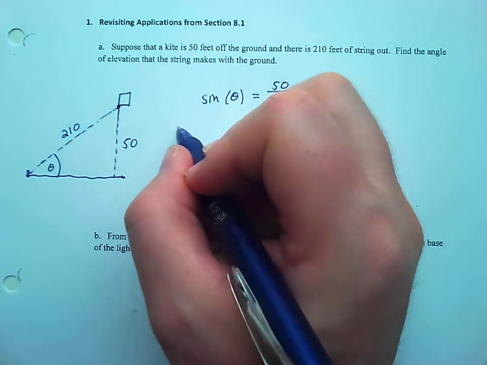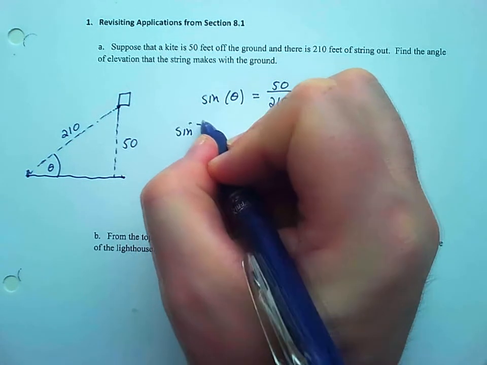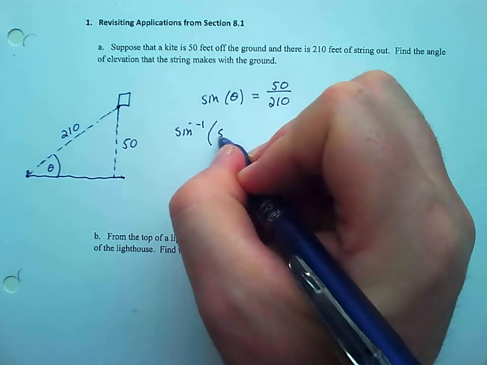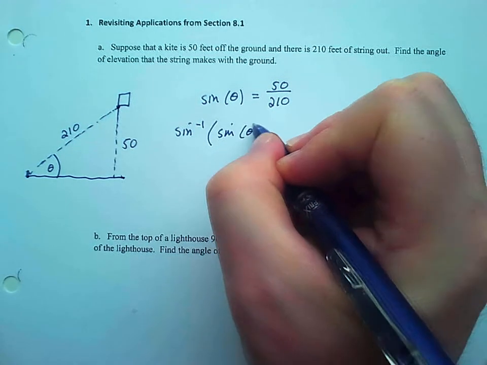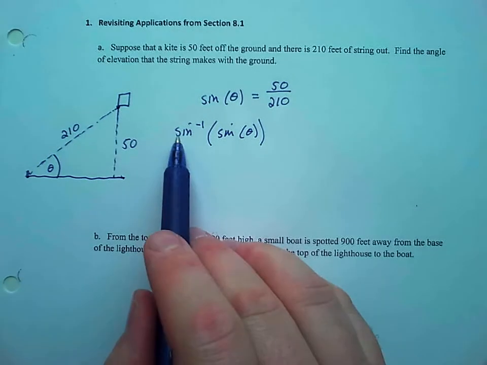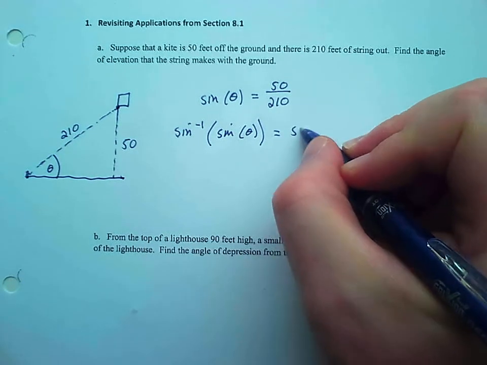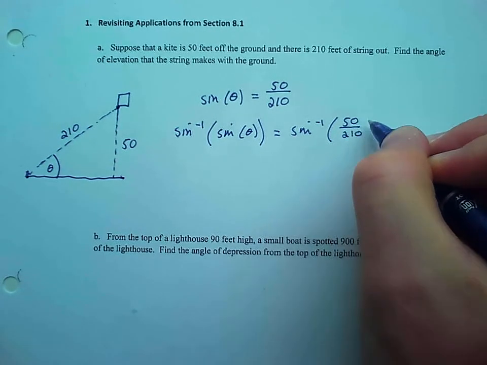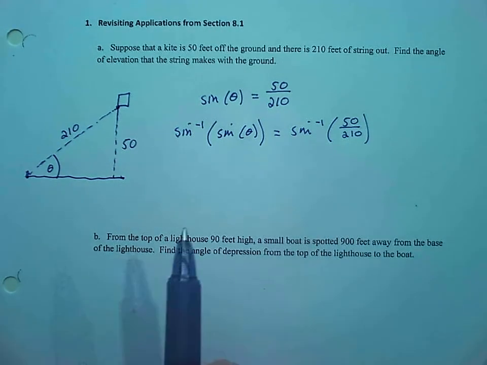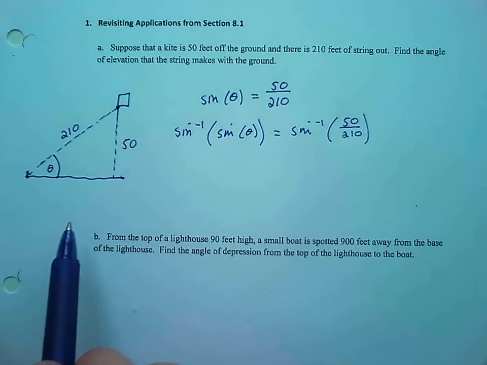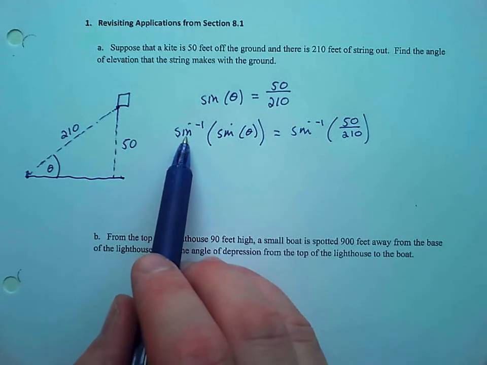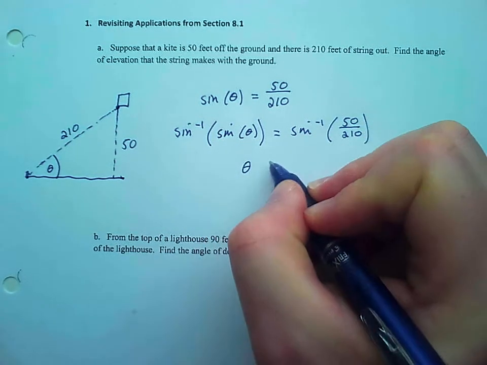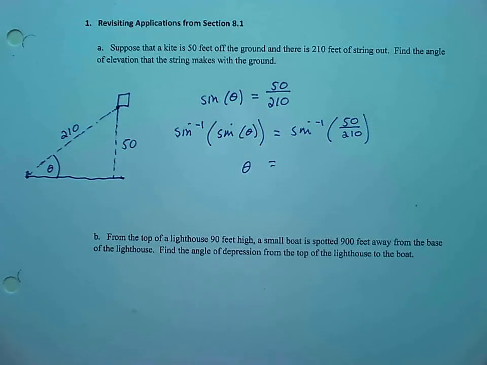So one of the things that we can do is take the inverse sine, or the arc sine, of the sine of theta. And if we take the arc sine of one side, we also have to take the arc sine of the other side. So all I've done so far is take the arc sine of both sides. Since the arc sine and the sine are inverse functions, on the left-hand side we're just left with theta.